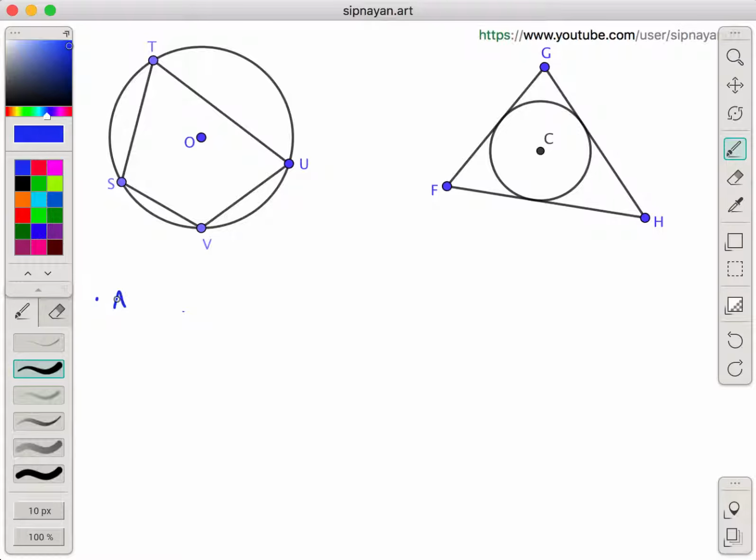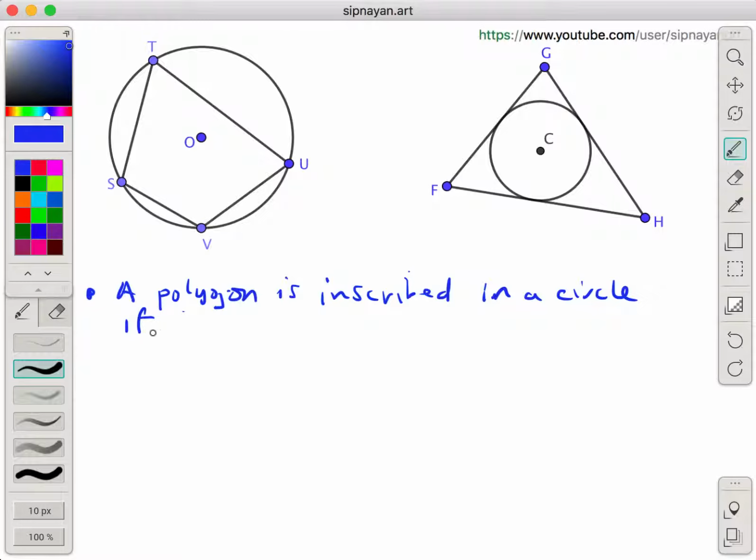So, the definition: a polygon is inscribed in a circle if all of its vertices are on the circle. So it must be all. Let's not forget this condition: all vertices of the polygon must be on the circle.